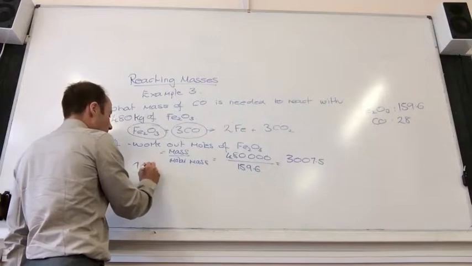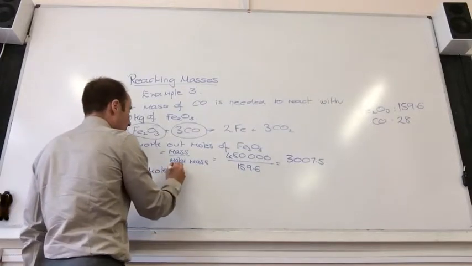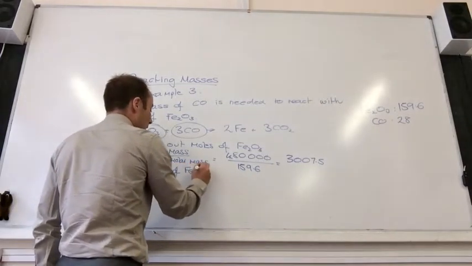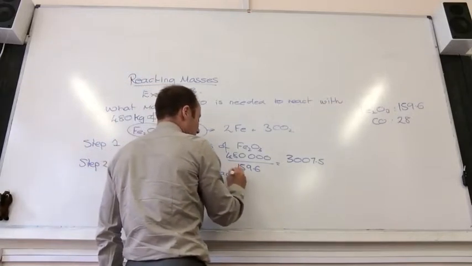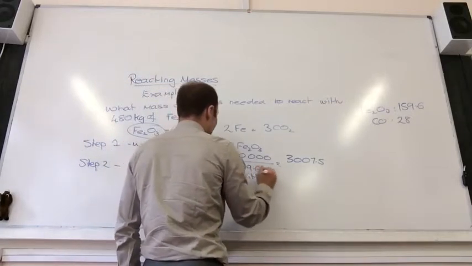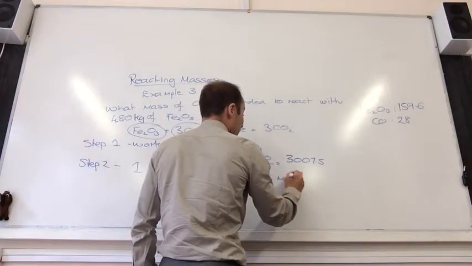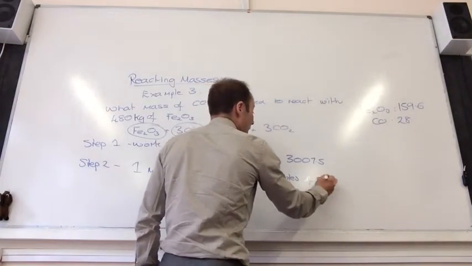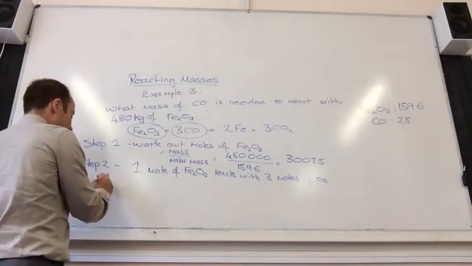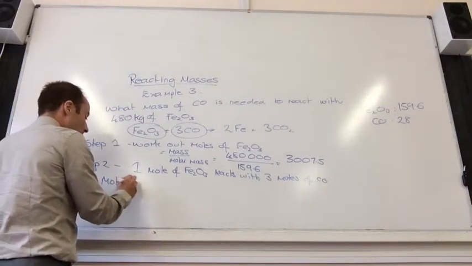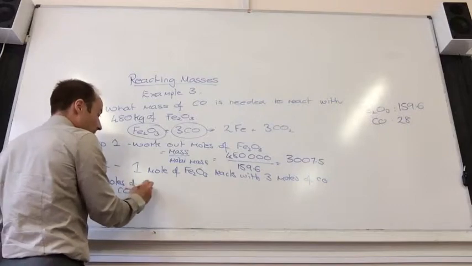So, 1 mole of Fe2O3 reacts with 3 moles of carbon monoxide.